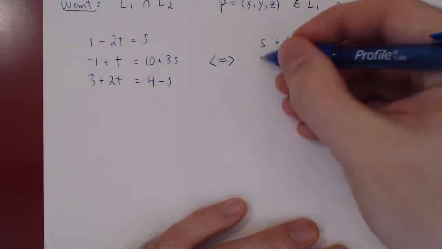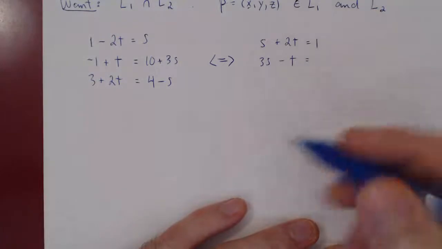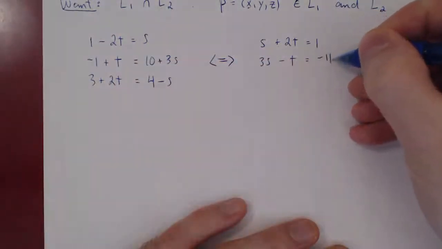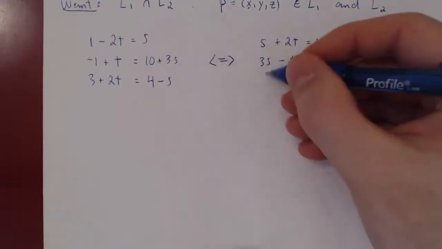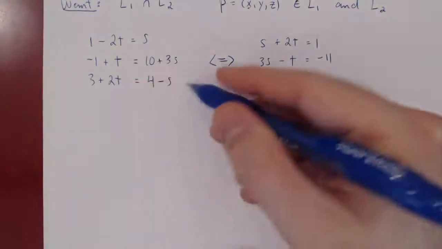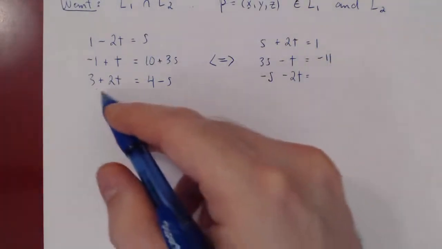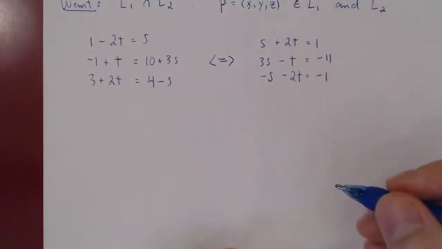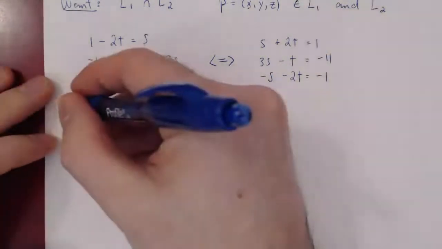This will become 3s minus t equals, well, negative 1, negative 10, negative 11. And finally, negative s, negative 2t equals, send 4 over here, 3 minus 4, negative 1. And now we're good to go. Let's write the augmented matrix and then solve the system.